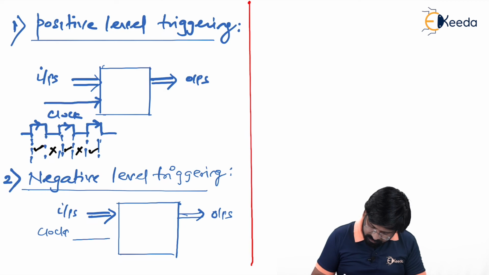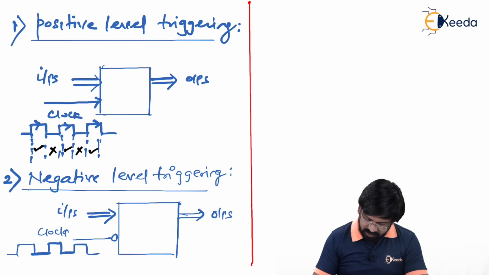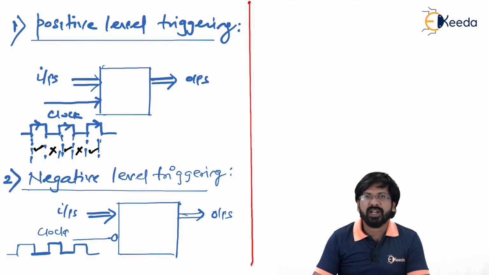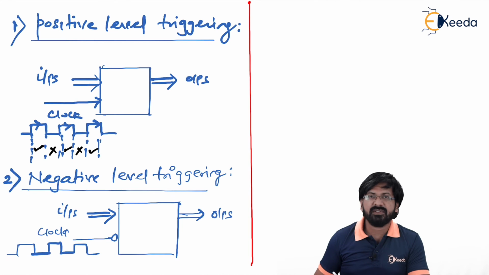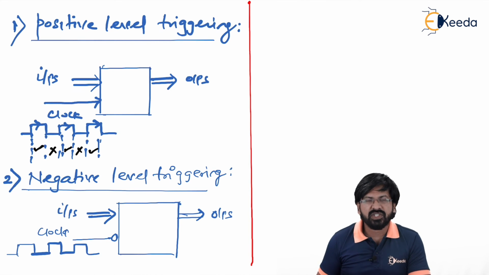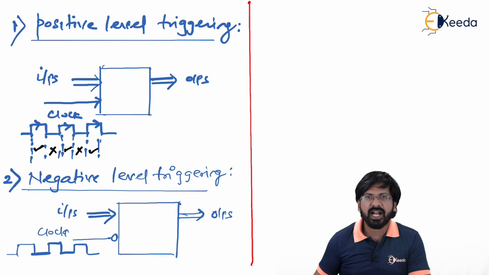This clock will have a similar behavior like this. But as you can see, I have applied the clock with the help of a bubble. So whenever there is a bubble drawn while applying a clock, this always indicates that it is a negative level triggering device. So this is called a negative level triggered device, where even though inputs are changed, outputs are not changed. Outputs are changed only when there is a negative level at the clock input.